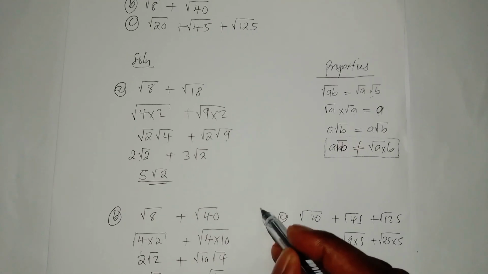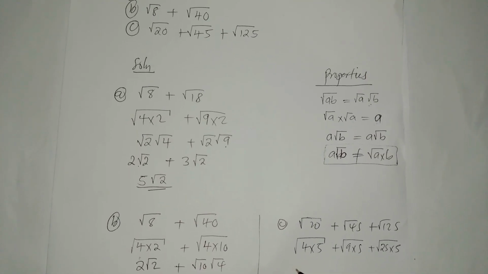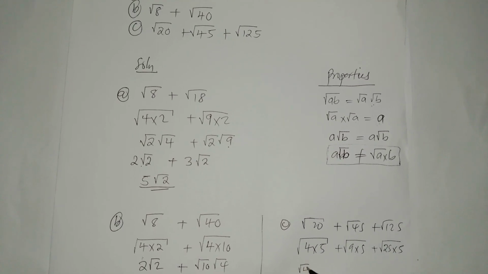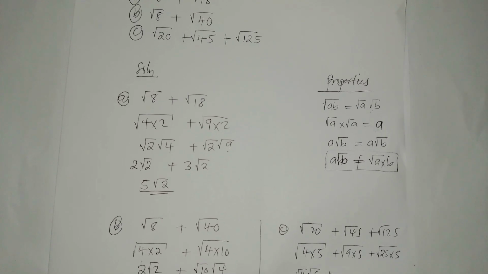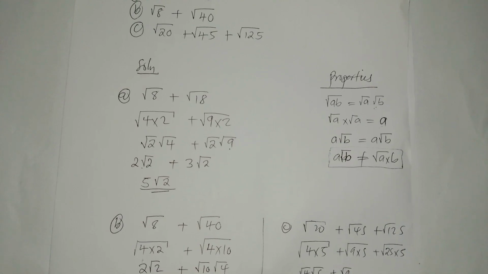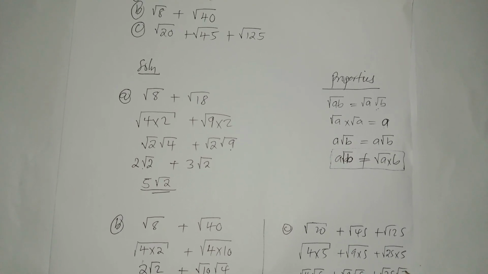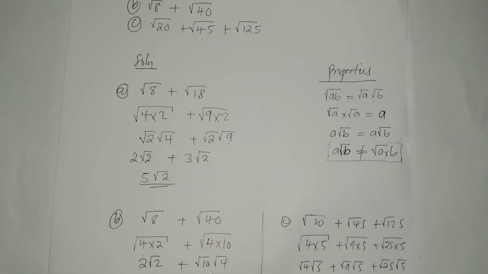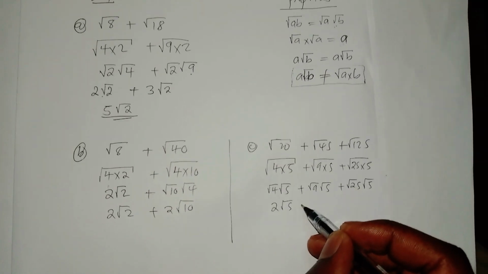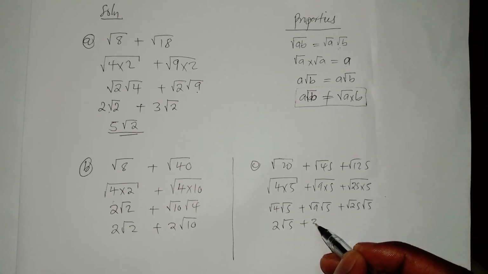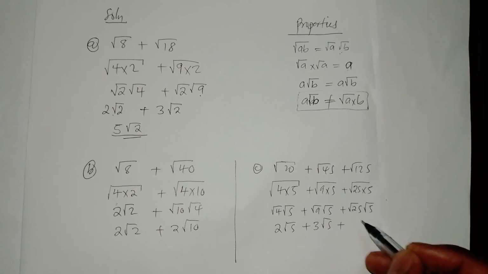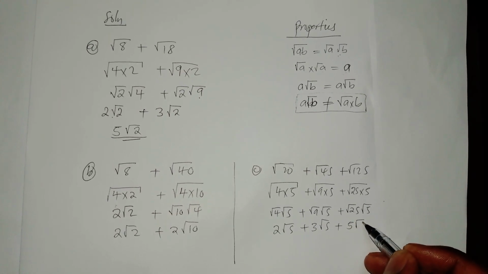Like we did in the other parts, this will be root of 4 root of 5, plus root of 9 root of 5, plus root of 25 root of 5. So this is 2 root of 5, plus 3 root of 5, plus 5 root of 5.